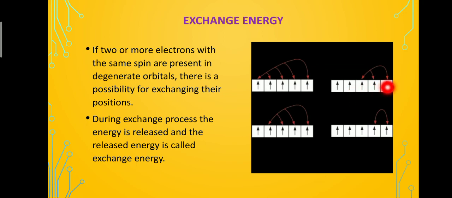If we look at this electron, it will go here and here, so 2 exchanges are possible. And for this one, one exchange is possible. That is represented by the arrow mark.